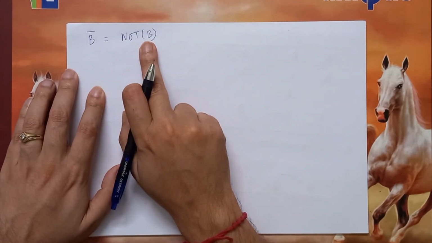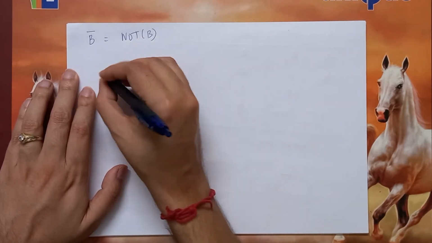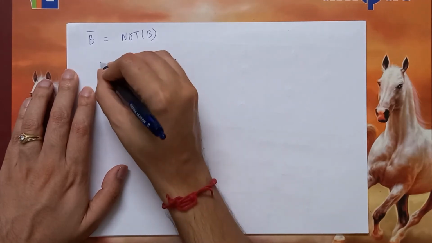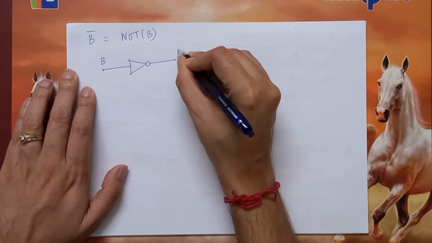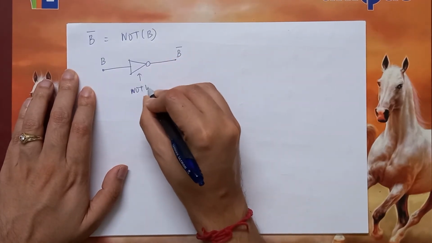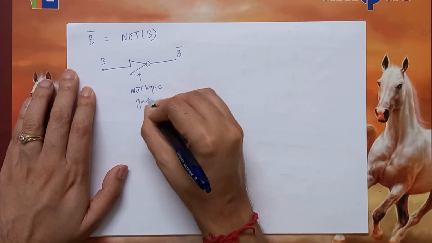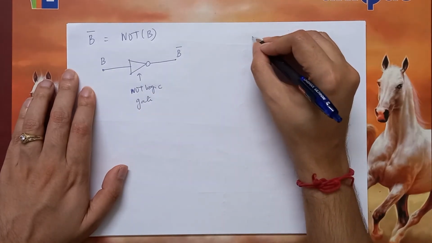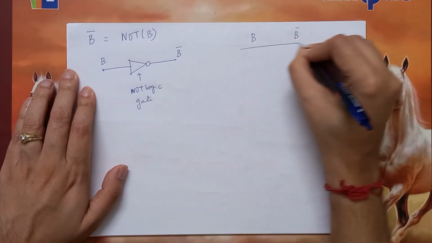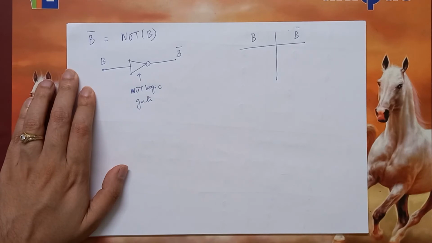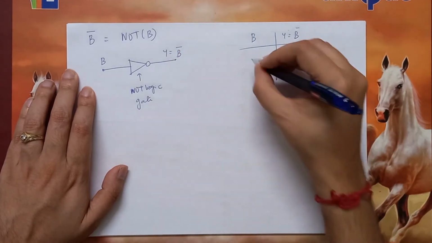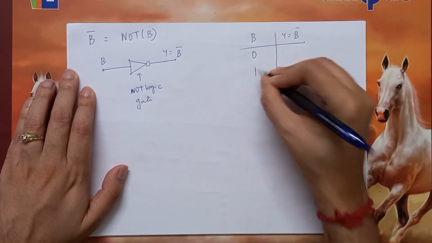NOT can be applied to a single variable only. So in circuit terms, this is called the NOT logic gate. This is B and this is B bar. This is called a NOT logic gate. So if I want to draw the truth table, let us say this is Y. B can take only two values, 0 and 1.